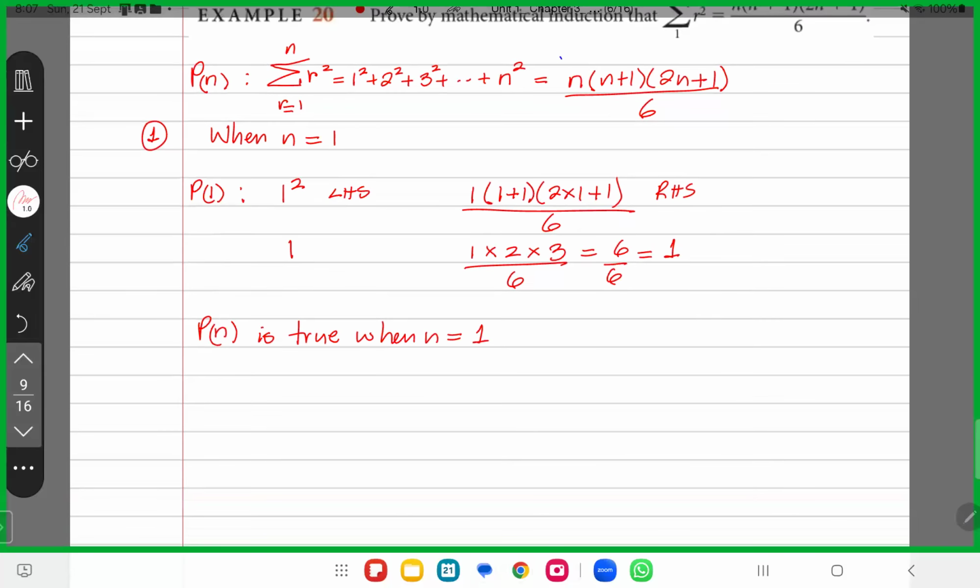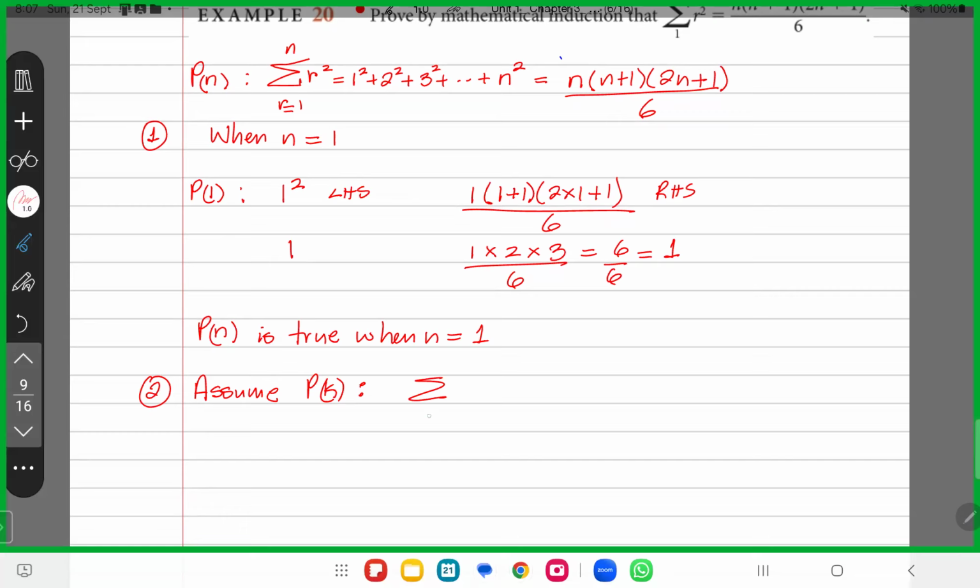Now, of my proof by mathematical induction, step 2. In step 2, we're going to assume that the statement is true when n is equal to k. So when n is equal to k, we get Pk, which is the statement.